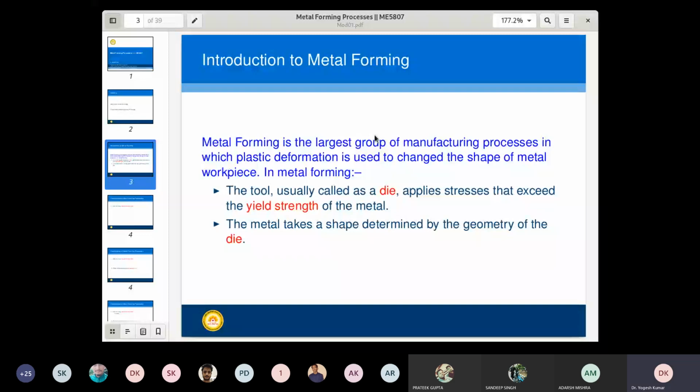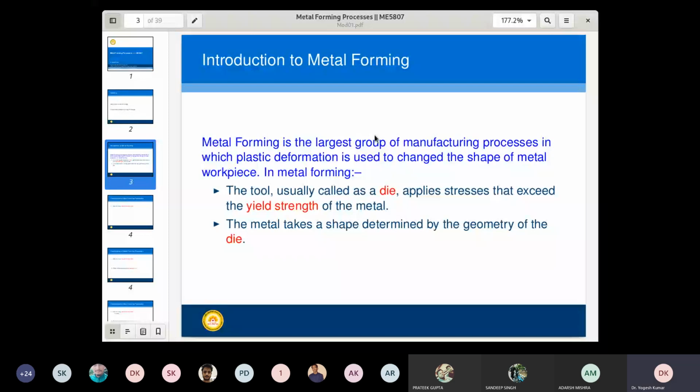So from this, we can understand that we are going to study one type of manufacturing process, which is known as metal working processes or metal forming processes. Some introductory part you might have studied during your second year, but I will recap it.